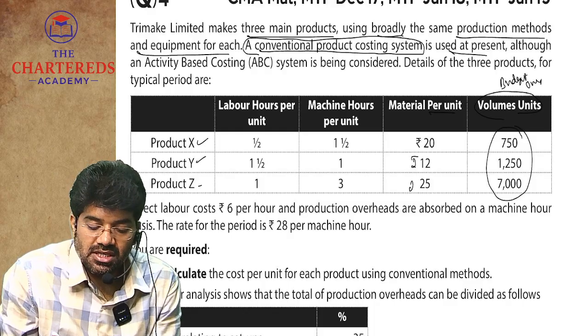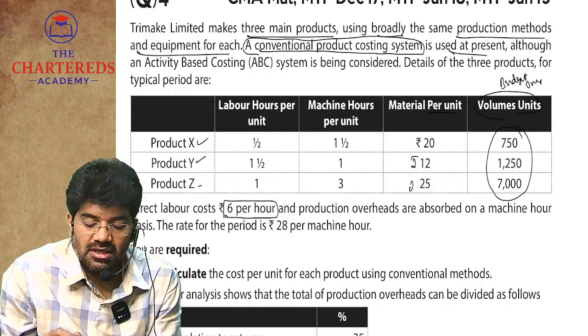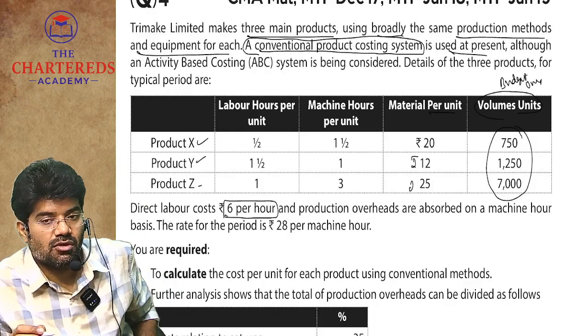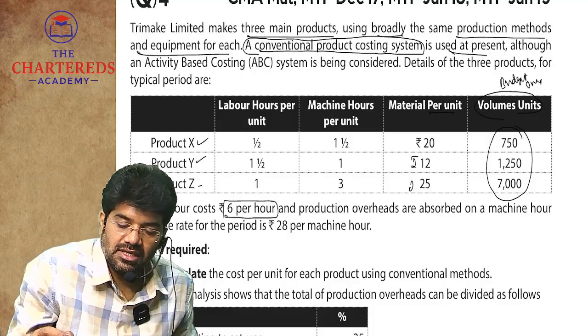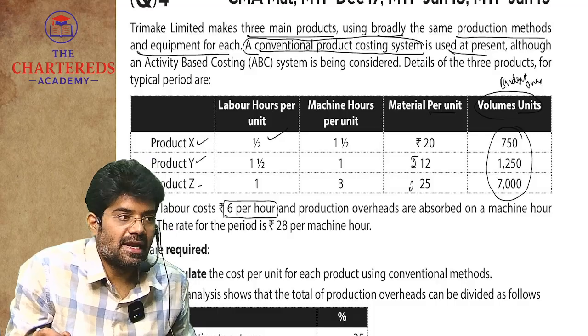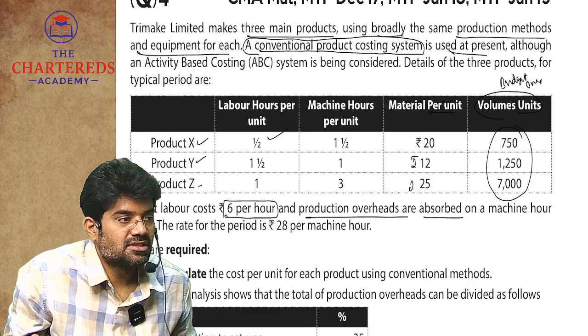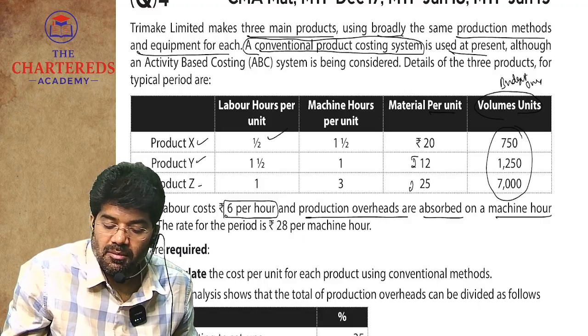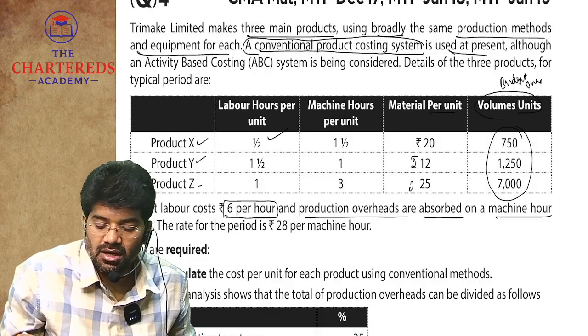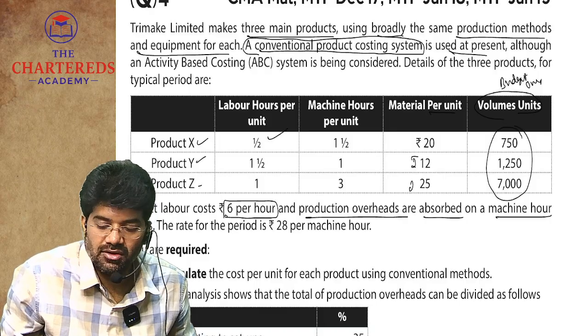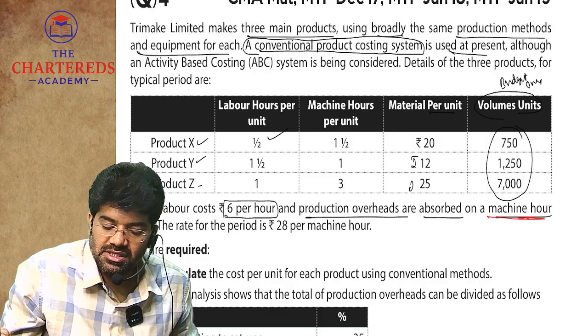Direct labor cost is 6 rupees per hour. So here we have to work out labor cost ourselves. How does labor cost come? Labor hours required into rate per hour, per unit. And production overheads are absorbed on a machine hour basis. We said that they use only one base under traditional costing. So they are using machine hours.